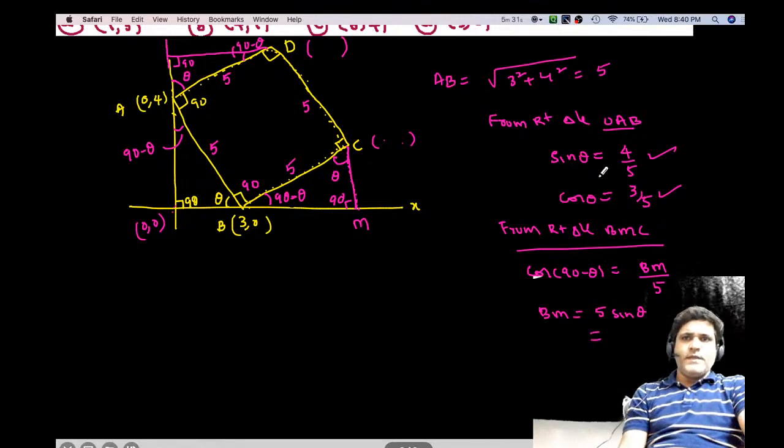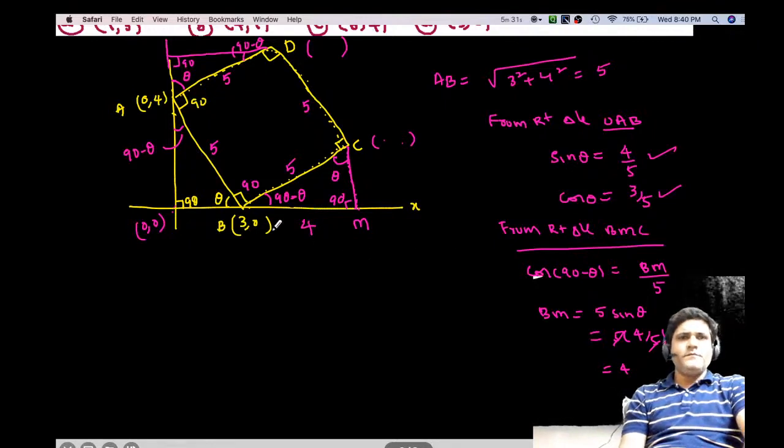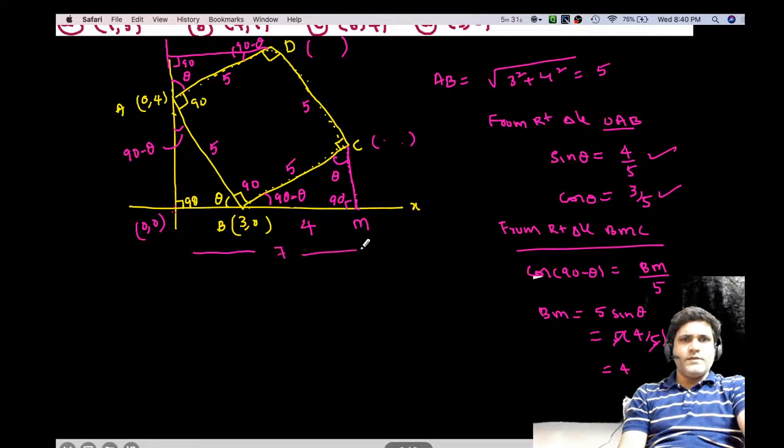What is sin theta? From here 4 by 5, that is 5 into 4 by 5. Therefore 5 cancels, BM distance is equal to 4. Therefore OB distance is 3 and BM is 4, so OM distance is 7. Therefore the x coordinate of C is 7.